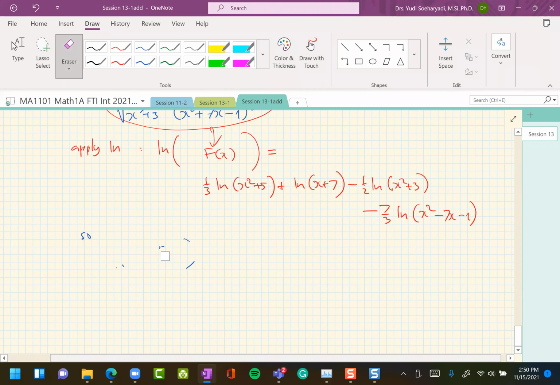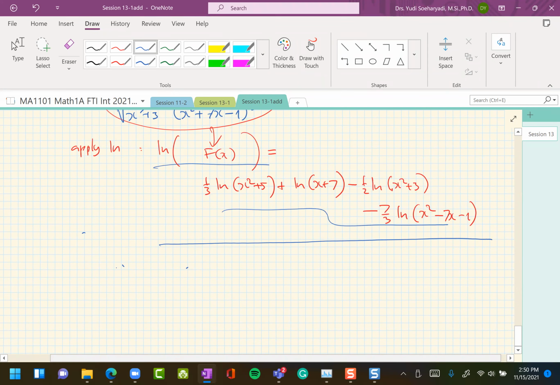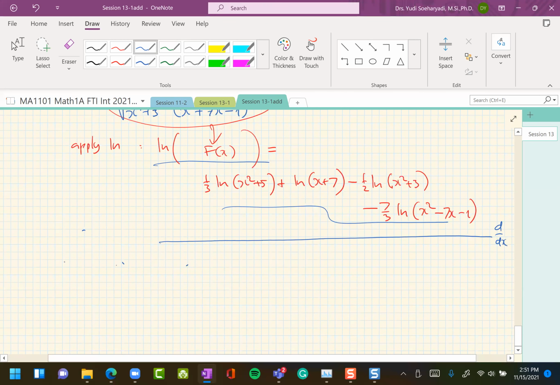Let me just take it. So left-hand side, right-hand side, take d/dx. Okay, same thing here. On the left-hand side you get 1 over f of x times f prime of x. Okay, and then you take d/dx of this. That's easy. So 1/3, this is just x squared plus 5, this is x.